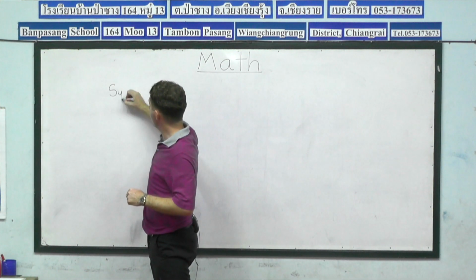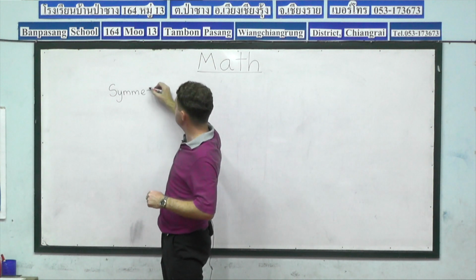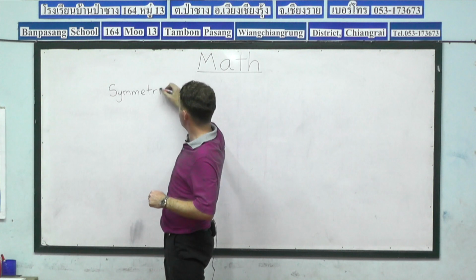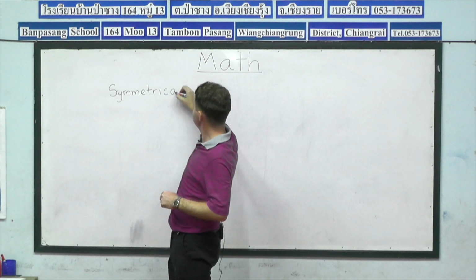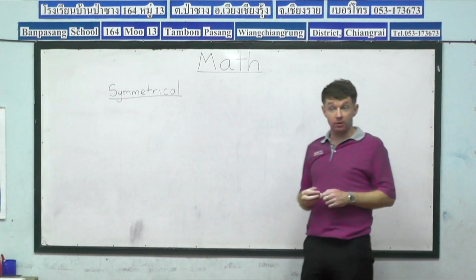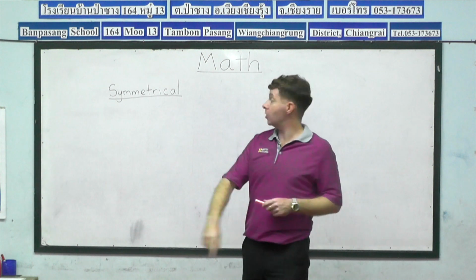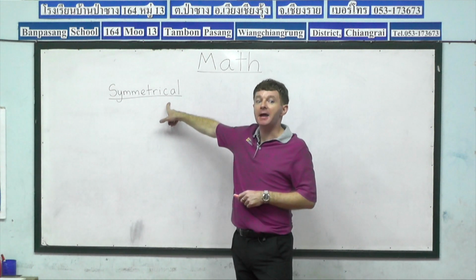So let's write symmetrical on one side of the board. S, Y, M, M, E, T, R, I, C, A, L. Symmetrical. If a shape has symmetry, we call it symmetrical.